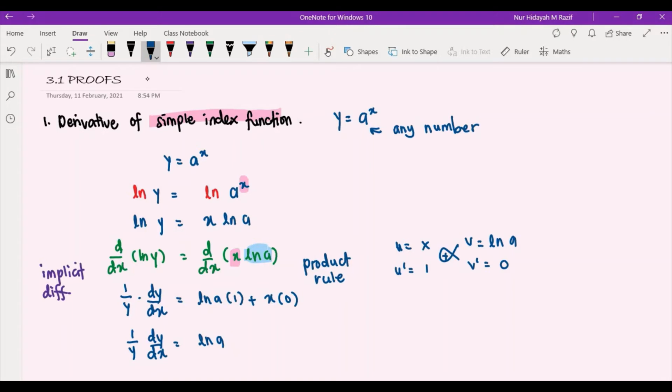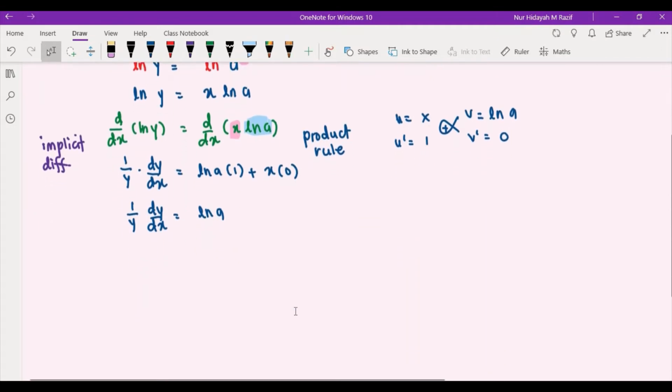And from here, please recall what was our target just now. We want to find dy by dx. So from there, we can just remove 1 over y by multiplying all of those with y. And hence, I'm going to get here dy dx equal to y times ln a.